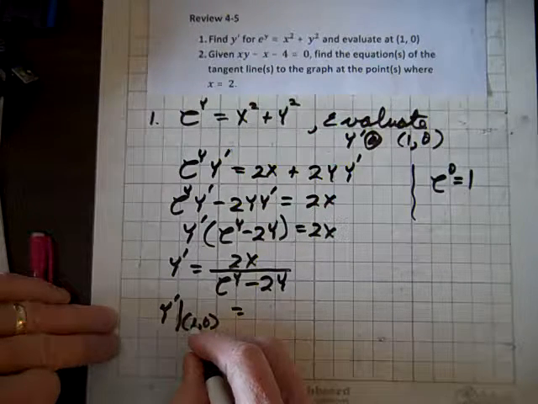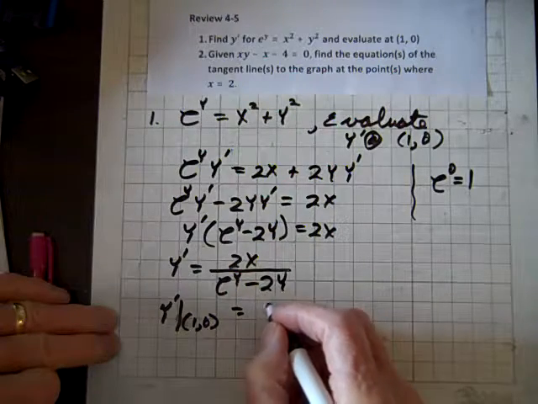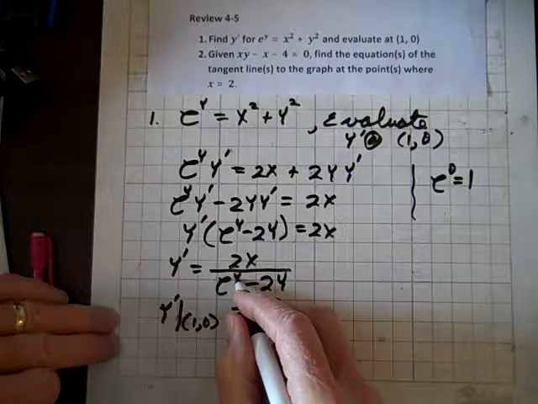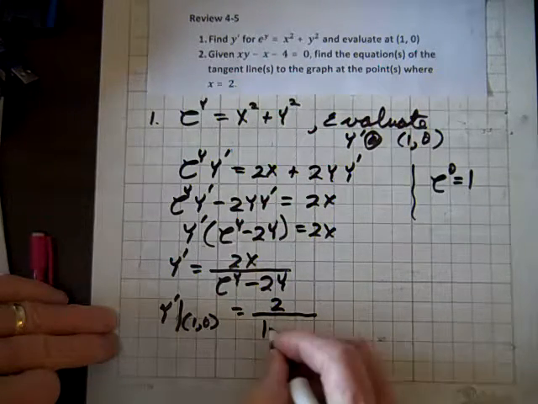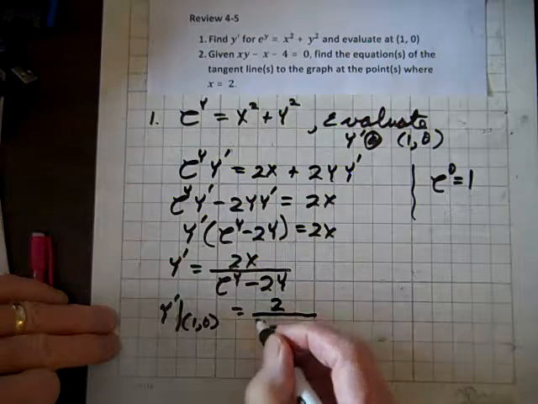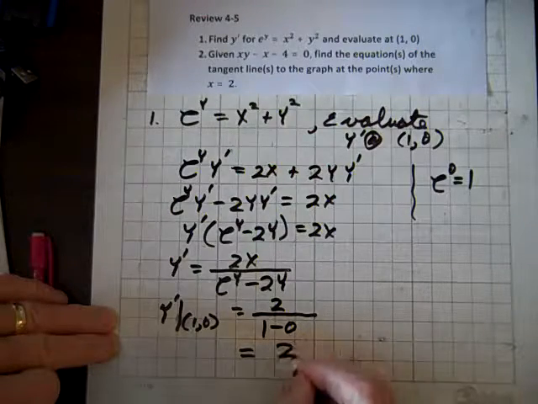Every place we see an x, we're going to put a 1. Well, 2 times 1 is 2. And replacing y with 0 here, we're going to have e to the 0, and that's just 1, minus 2 times 0, which is 0. And so that equals 2.